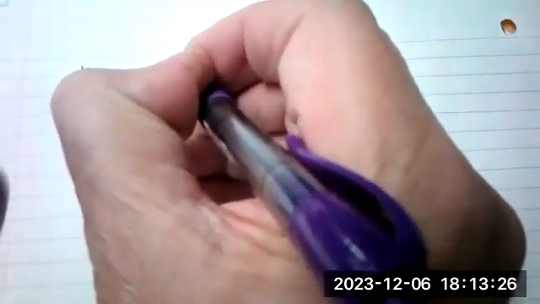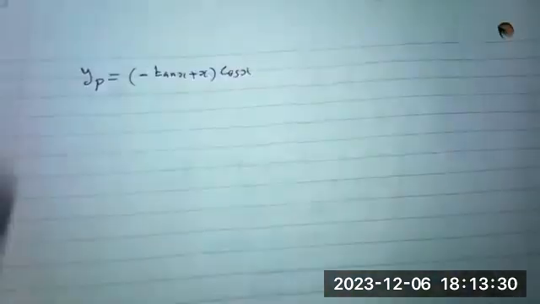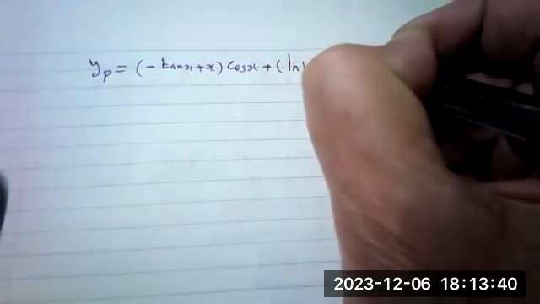So there you are, getting the yp, the particular solution. The yp is equal to u1. The u1 was negative tangent of x plus x, times the cosine x, plus u2. u2 is ln of the absolute value of secant x, times the sine x.